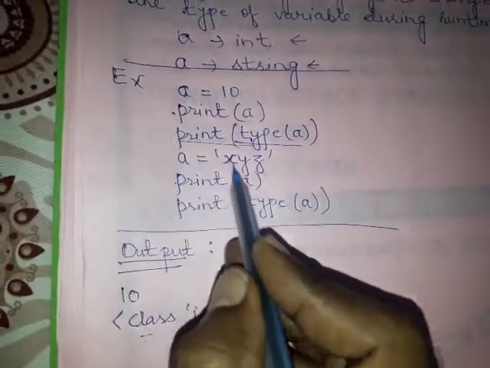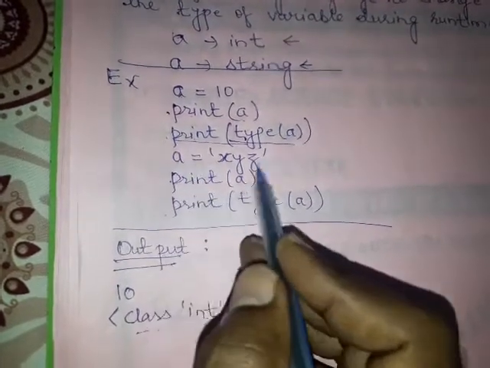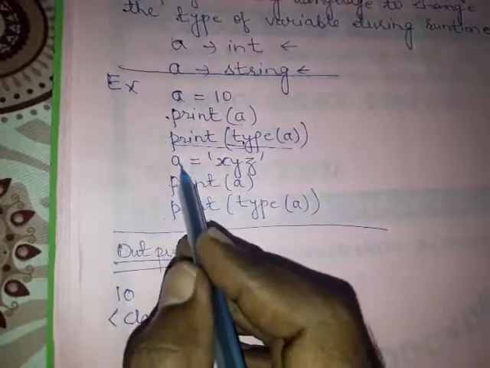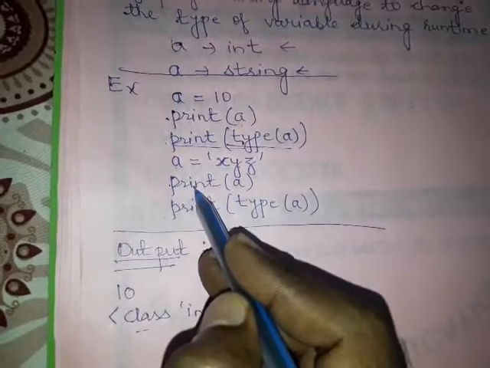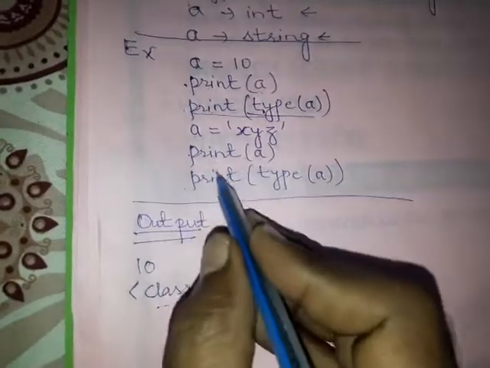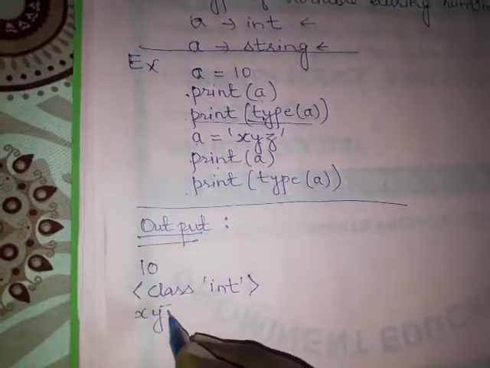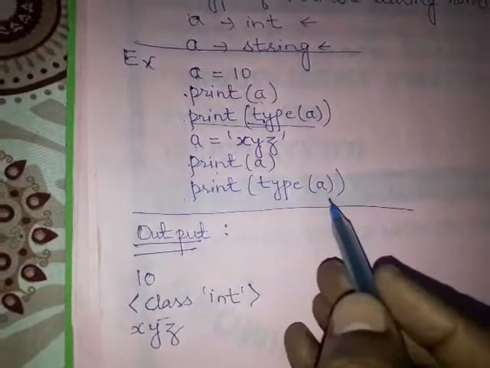Now this is an assignment statement. It is not executed, and it will not be displayed in the output window. Now the value of a is changed. The value of a previously is 10. It is changed to a string type. Now if I write print a, this statement will simply give x, y and z. Then again the last statement is print type a.